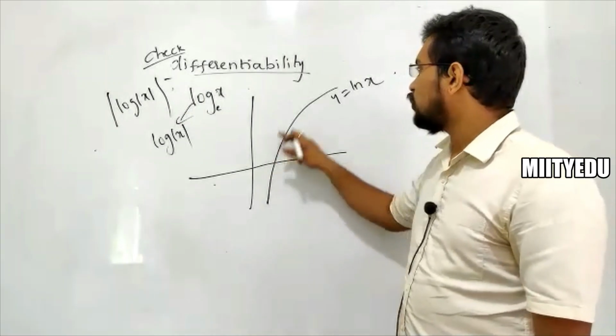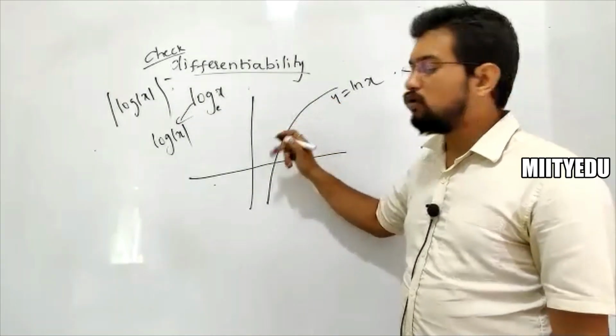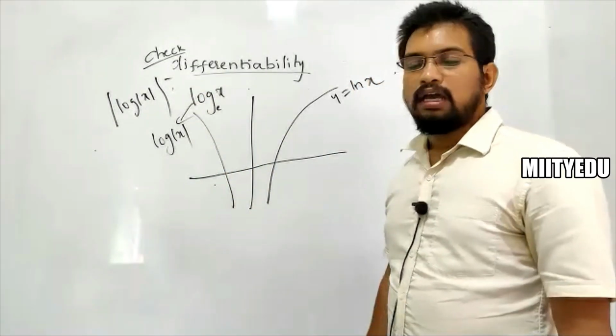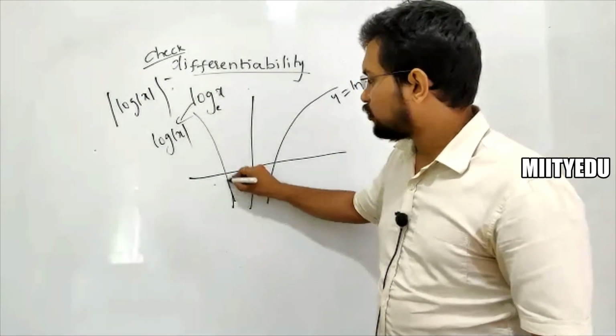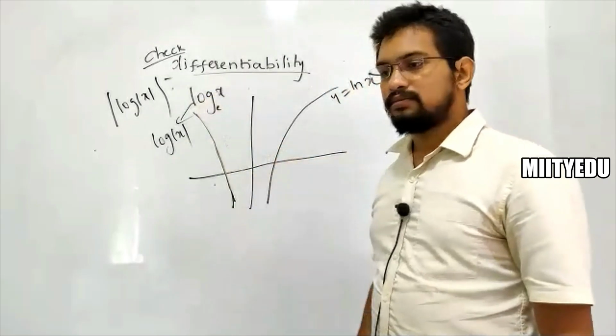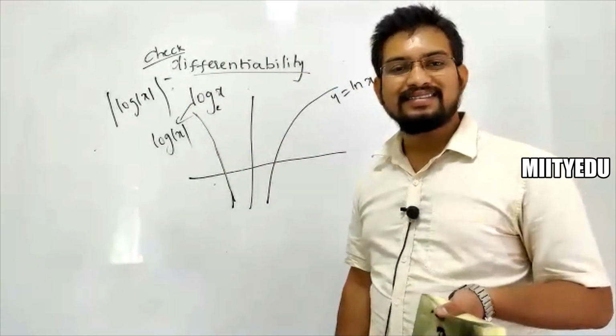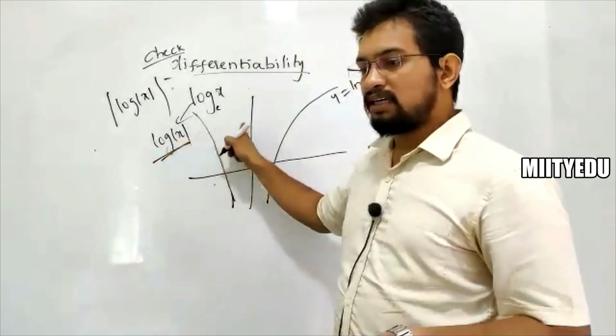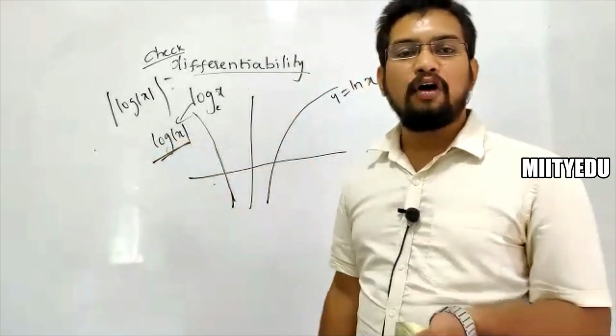Whatever is present on the positive side of the x-axis, you take the reflection of that part about your y-axis. This is the graph for log of mod x.